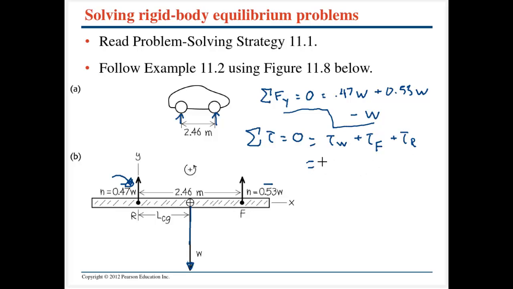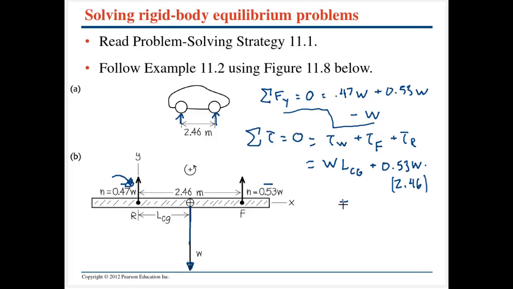So here we're going to have the weight acting at that distance to the center of mass, or the center of gravity. And then you're going to have the force, the weight of the car from the front wheel, 0.53 multiplied by the weight, and that's going to be at 2.46 meters. So that's a multiply right there.